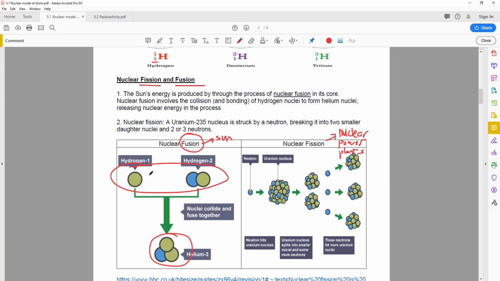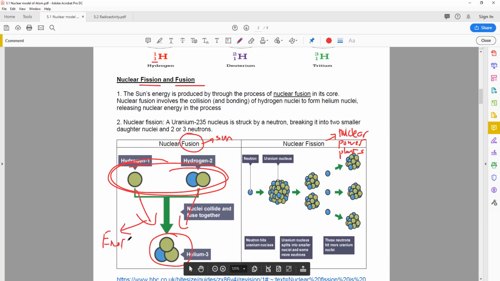From here, what happens is, when they join together, they actually release massive amounts of energy. They release damn a lot of energy, and this energy is actually what is used to power up the sun, basically.